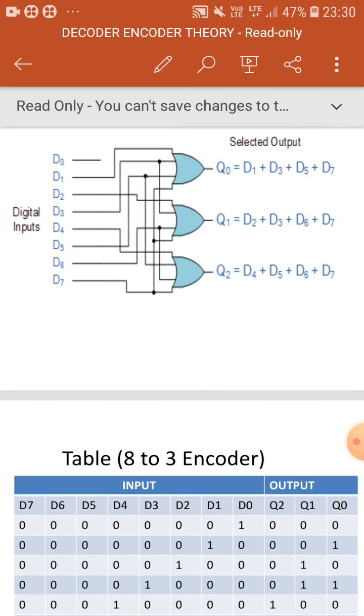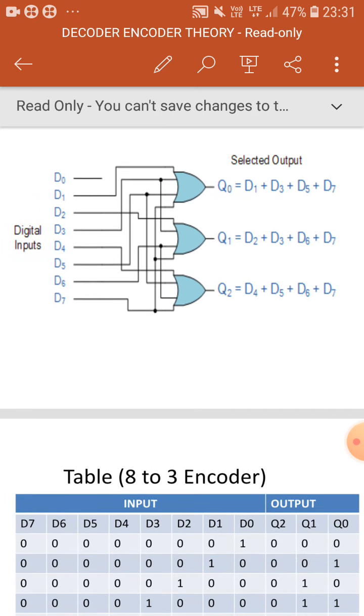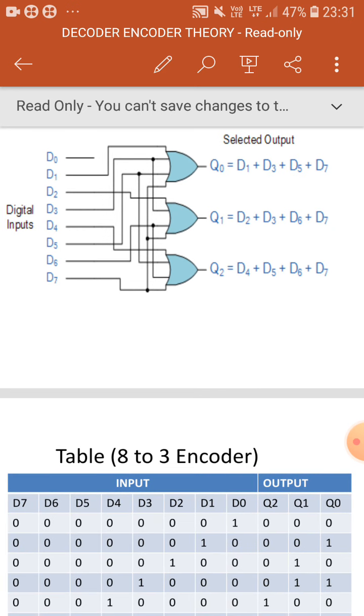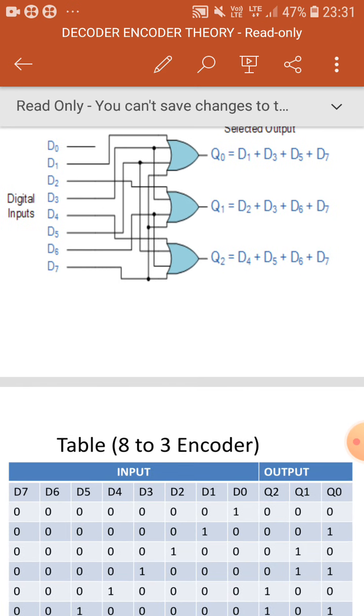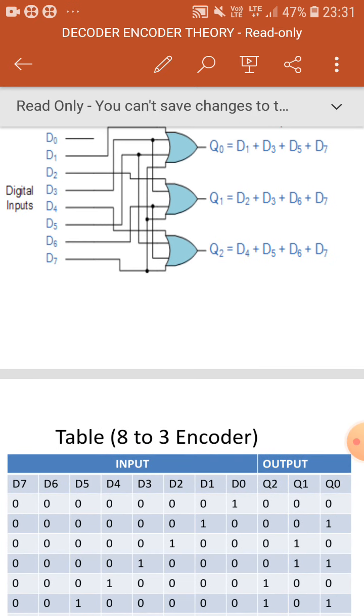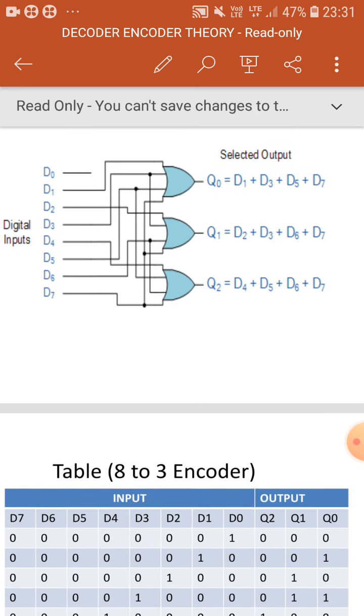So first I am applying D0 is equal to 1. Okay. So D0 is not connected to any one of the OR gates. So we will get the output 0 0 0. Next I am applying D1 is equal to 1.